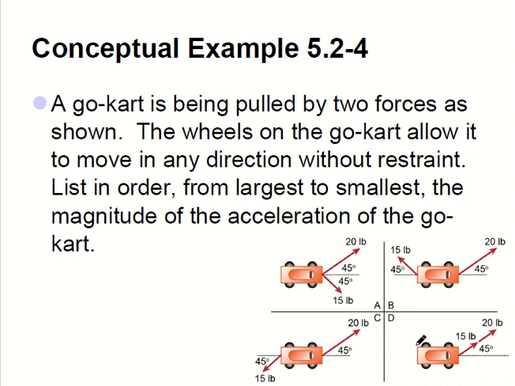Now here you have four situations, and you have to list them in order, from the largest to the smallest, the magnitude of the acceleration of the go-kart. So our concentration is on the acceleration aspect of the motion, and we're going to list it in order.